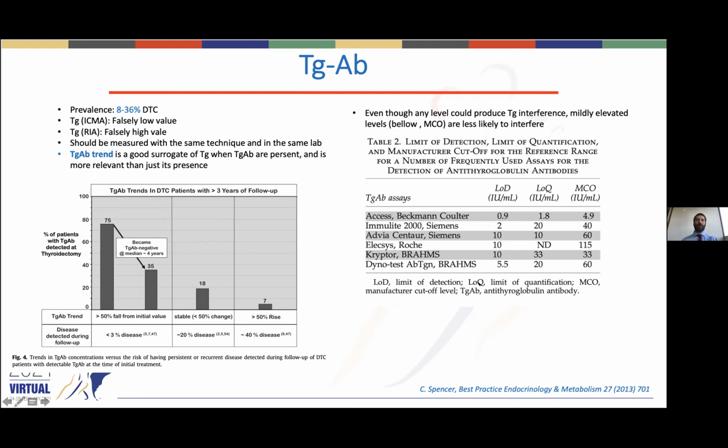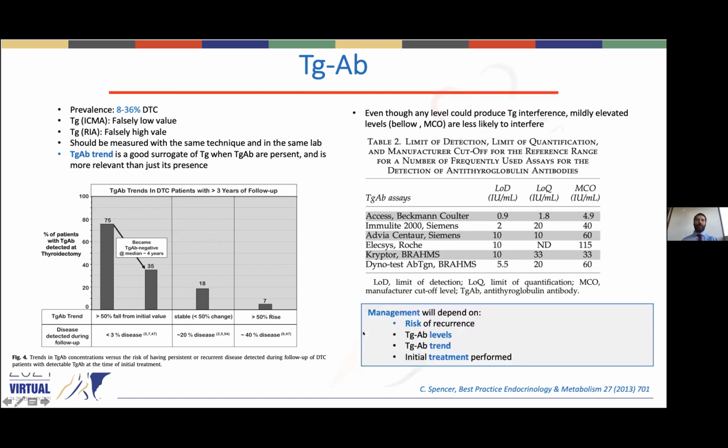And this was also shown by this interesting paper where they showed that when the thyroglobulin antibodies are mildly elevated, below the manufacturer cutoff level, the likelihood of having any interference is very low. So it is important to know which thyroglobulin antibody assay we are using in our lab and what is the level of detection, which is similar to the analytical sensitivity, and also what is the manufacturer's cutoff level.